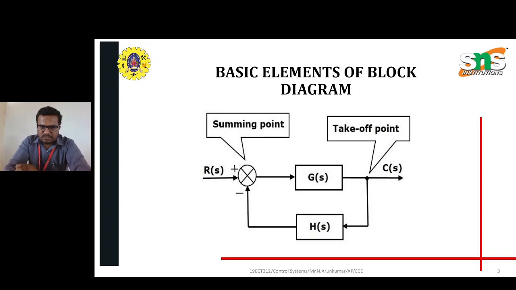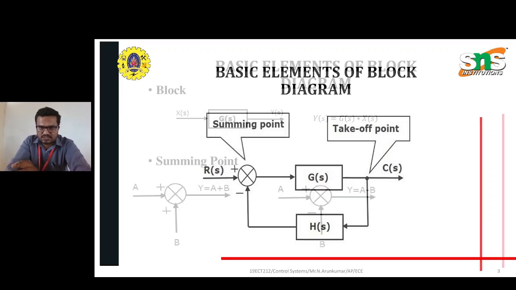In order to transfer the information, we need to check whether the transfer function is in the correct way or wrong. By using the summing point and takeoff point, we can add or eliminate the transfer functions. This is followed by the rules and regulations of the block diagram reduction techniques.